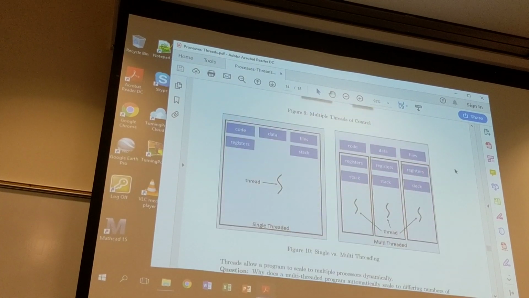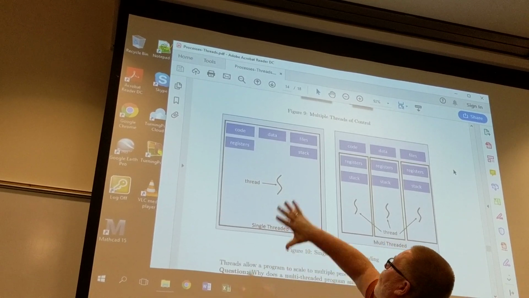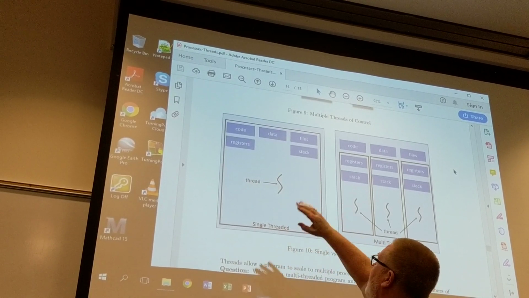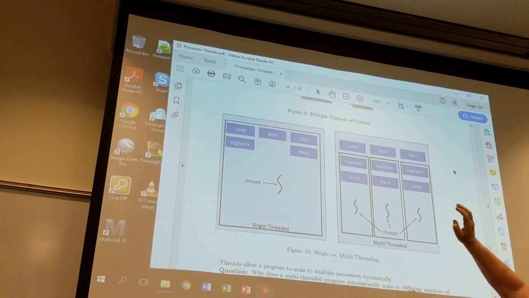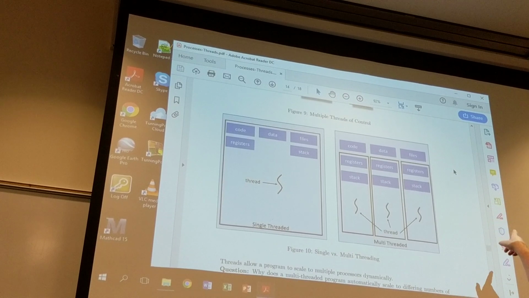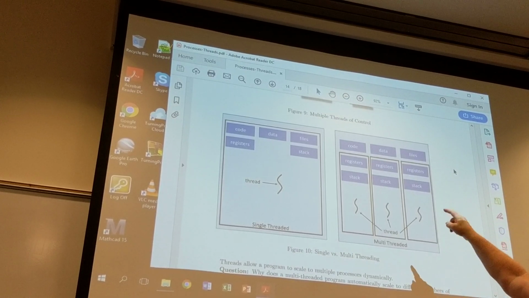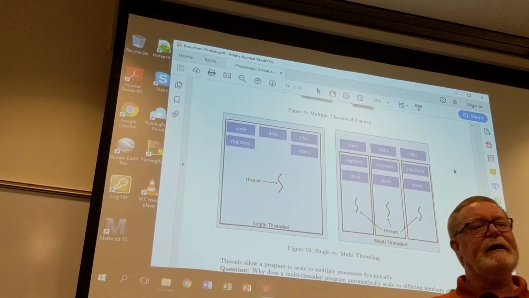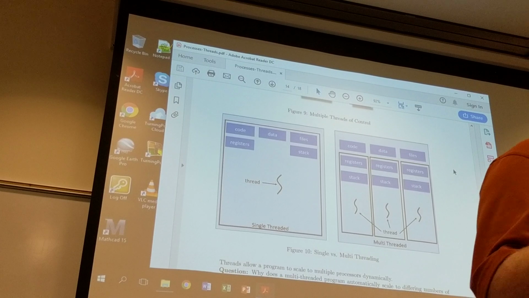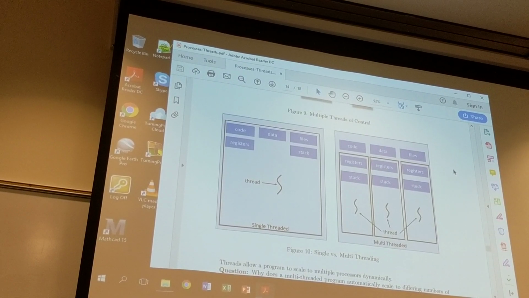So, this is what a single-threaded process looks like. We have one thread of control, one code, one data, one set of files, one set of registers, one stack. Multi-threaded, they all share the same code, data, and files, and other ancillary information, but registers and stack are private to each thread. Now the reality is that each thread has access to every virtual address in the process space.